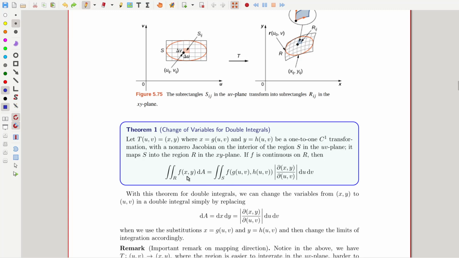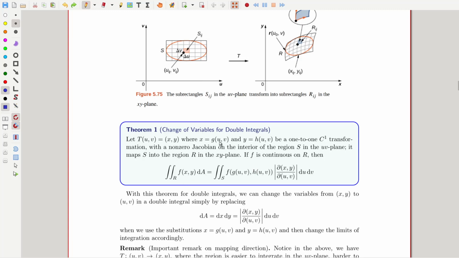Okay, and you can see that what happens is that the function f has to be transformed over in some way so that you can view it as being a function of u and v instead of x and y.